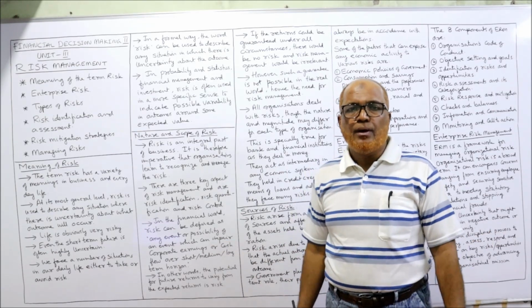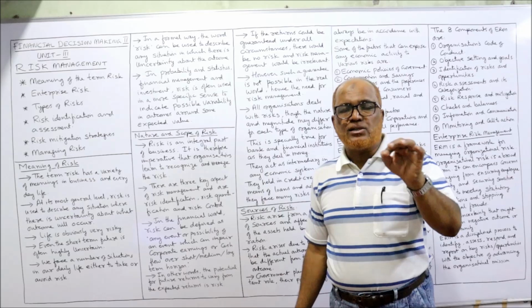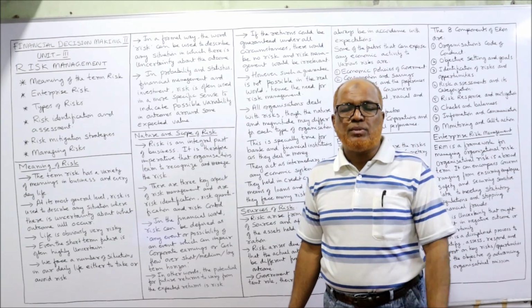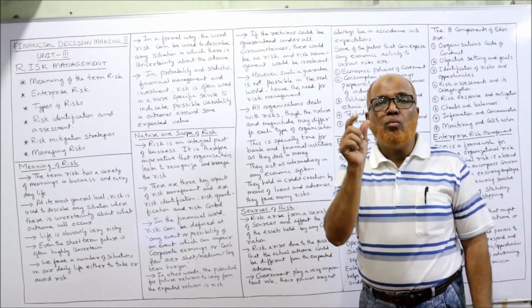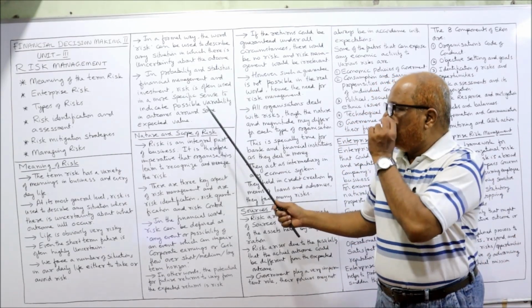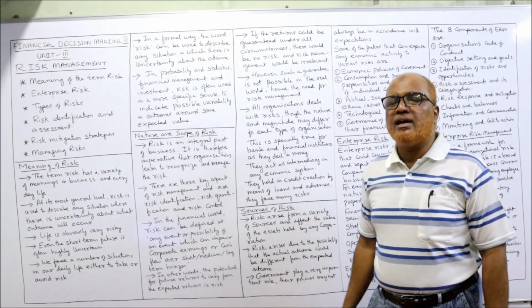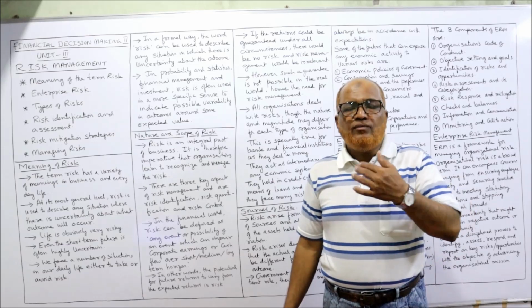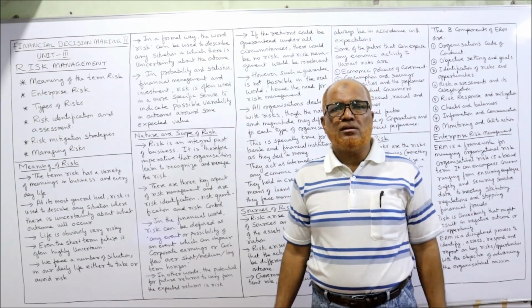But when we go to probability, statistics, financial management or investment management, the term risk is defined in a more specific way. The meaning of the term risk is possible variability in outcomes around the expected value. What we have expected and how much we are getting, that shows the risk.